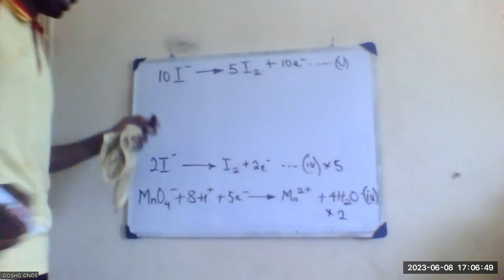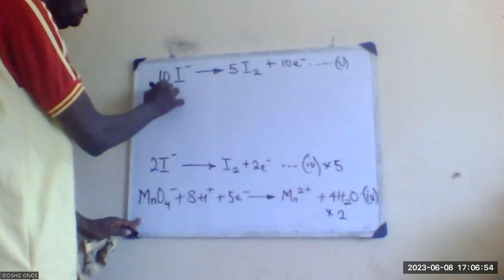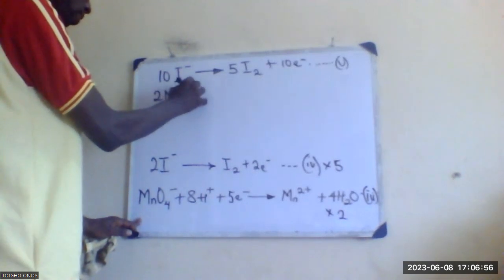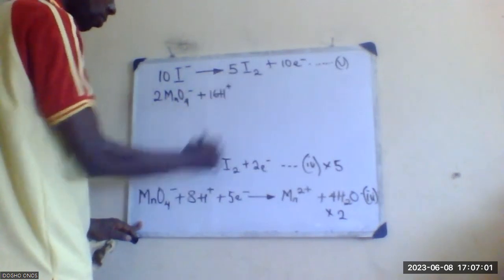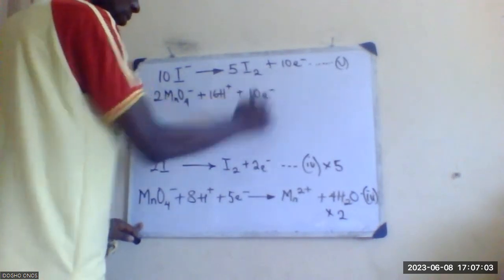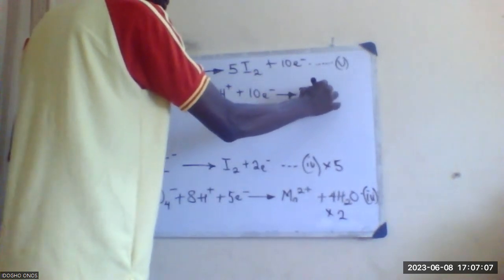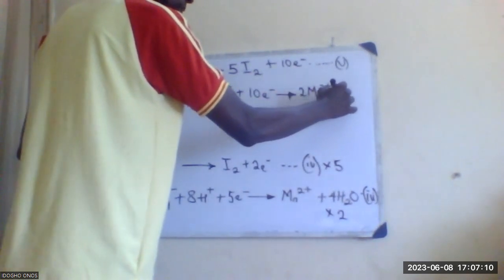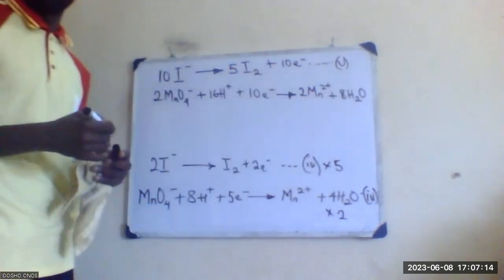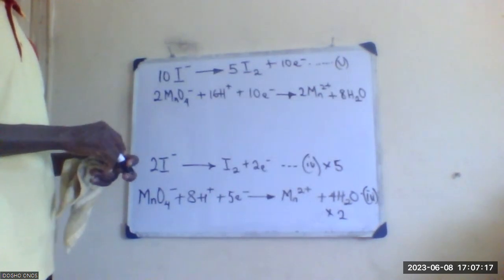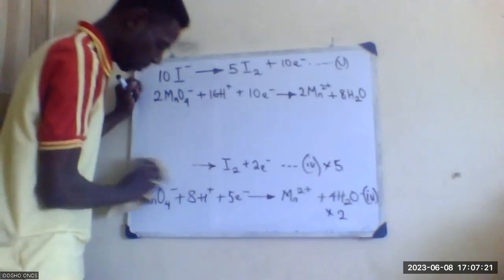Then equation 3, since I'm multiplying that by 2, will give me 2MnO4- plus 2 times 8, 16H+, plus 10 electrons, for 5 times 2 gives me 10, which gives me 2Mn2+ plus 8H2O. I can call this one equation 6. So let's clean this up now.